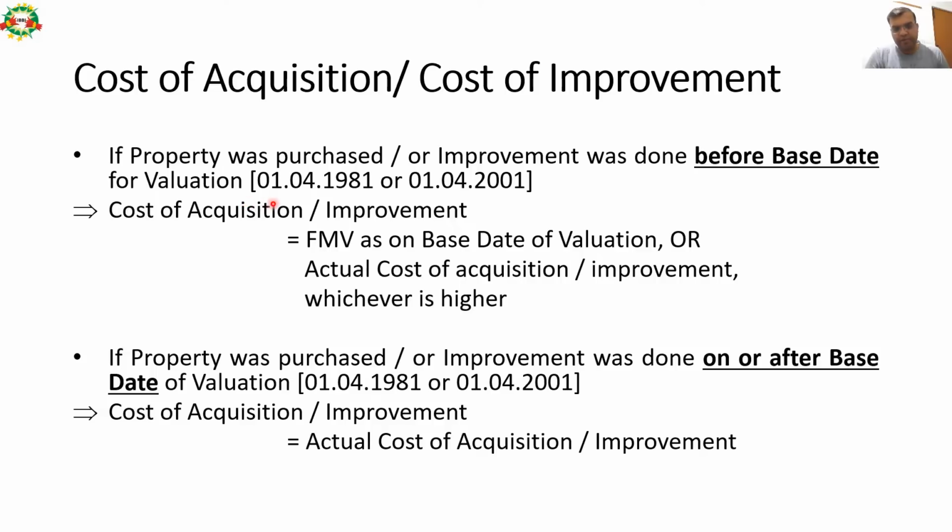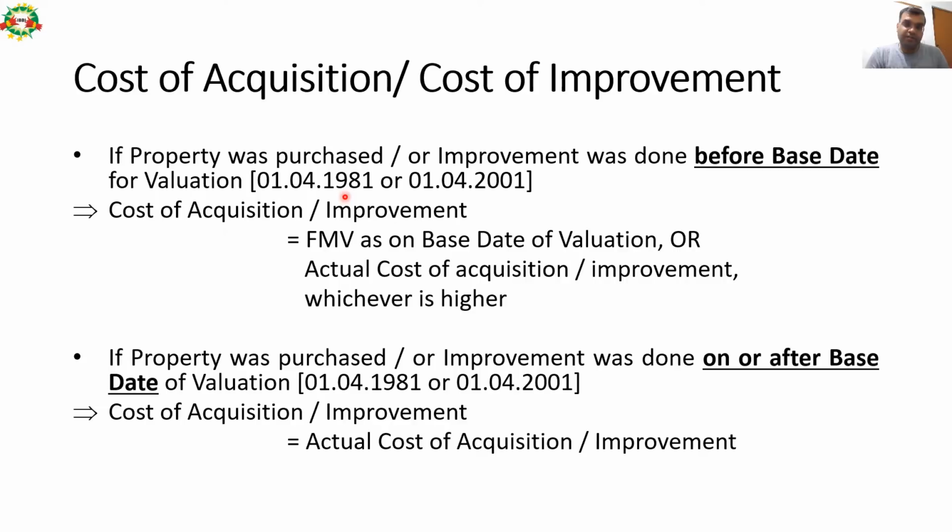For example, if in a particular case the base date of valuation is 1st April 1981, which we decided based on the previous slide, we have to see whether the property whose capital gain assessment or valuation is to be done was acquired by the assessee before 1st April 81 or after 1st April 81.